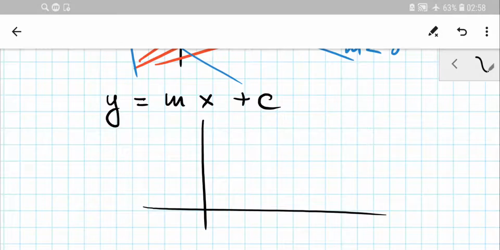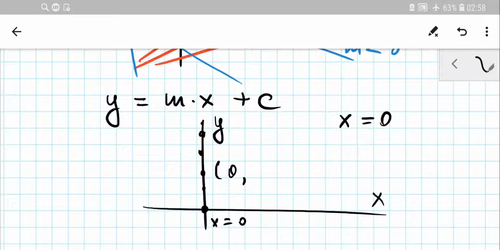So you understand that if we take x equals 0, we're eligible to do that because we can take any x value for our line. So we can take any coordinates on the y-axis, and any such point should have the first coordinate x to be 0.